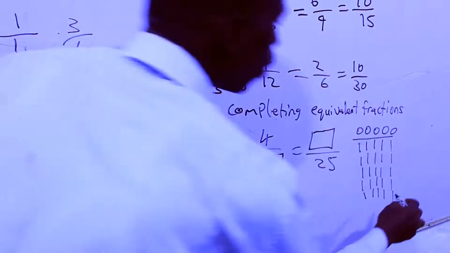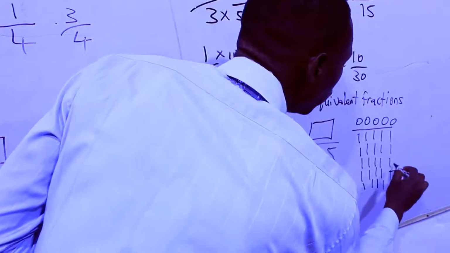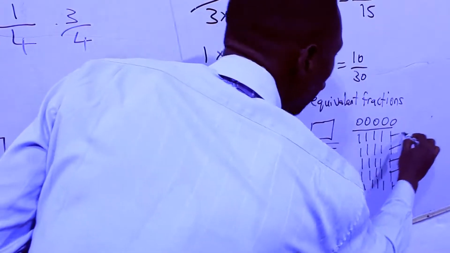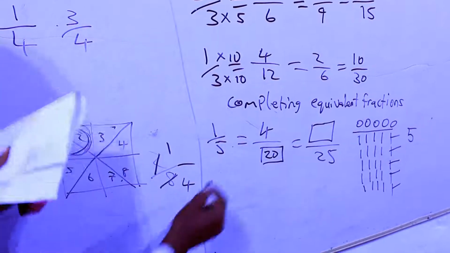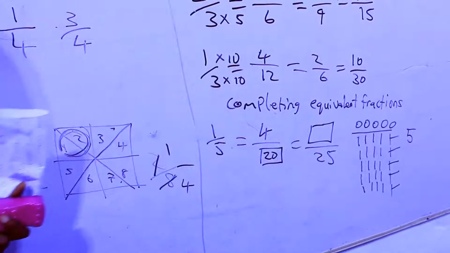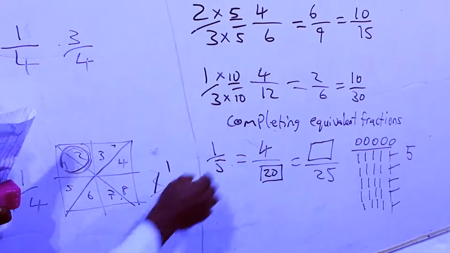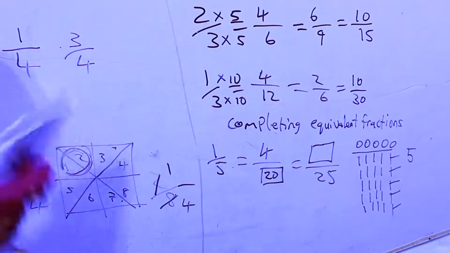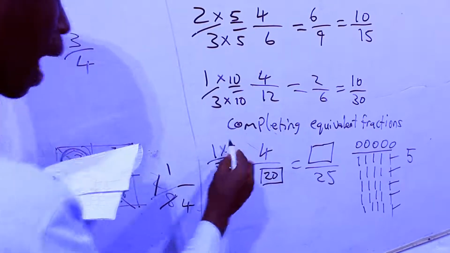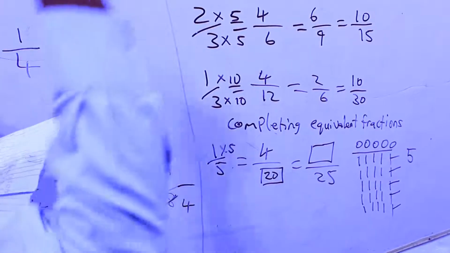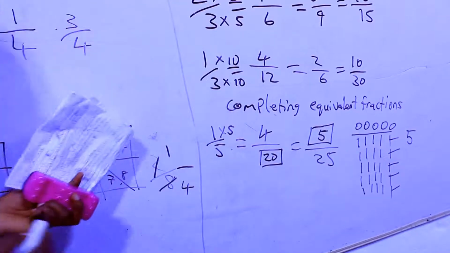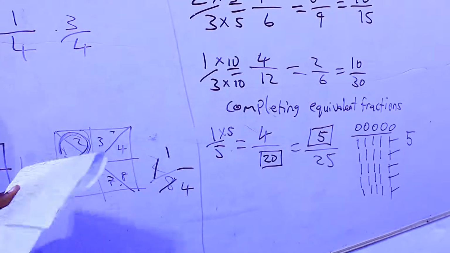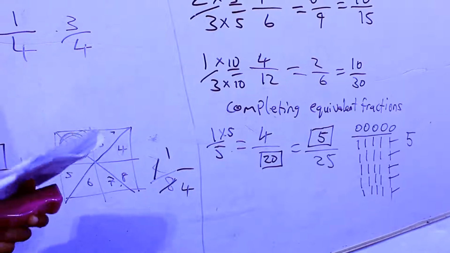How many did all of them receive? 1, 2, 3, 4, 5. That means it's only 5 that multiplied 5 to give 25. I will now use the same 5 and multiply this up one. 5 times 1 is 5. And we'll put it here. We have completed this. Okay, I believe you understood this.